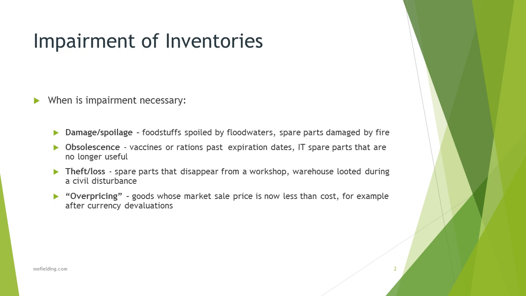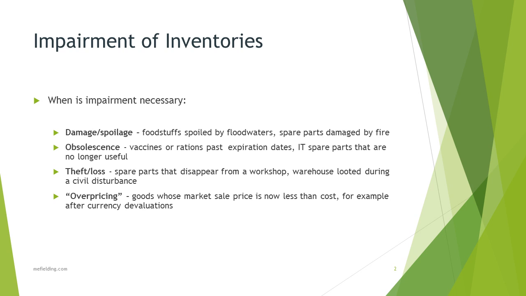Obsolescence is where items go past their sell-by date. So if you have food, it goes past its sell-by date, so therefore you can't sell it anymore for a supermarket. So the examples here that will be taken from somebody like the UN: vaccines or rations past their expiration date. So vaccines, in the same way as food, have an expiration date, and IT spare parts.